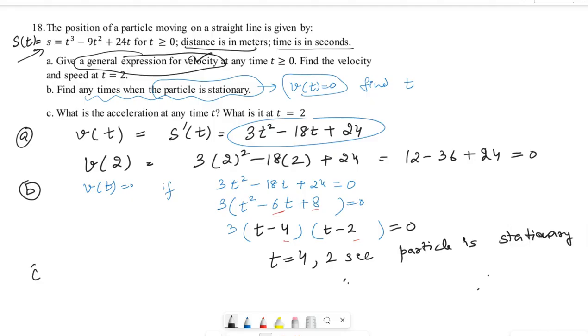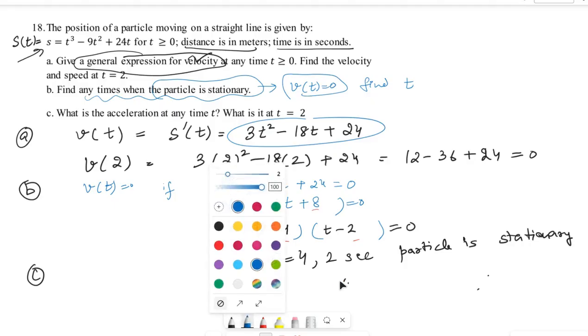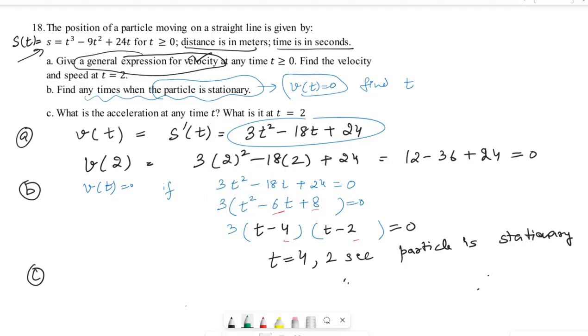Okay, let's talk about part C. What is acceleration at t? Acceleration is the derivative of velocity. Velocity is this. So we just need to differentiate it one more time. 3t square's derivative is 6t minus 18t's derivative is 18 plus 24's derivative is 0. We do not need to write that. What is it at t equals 2?